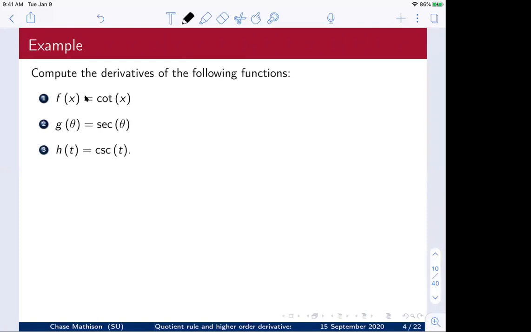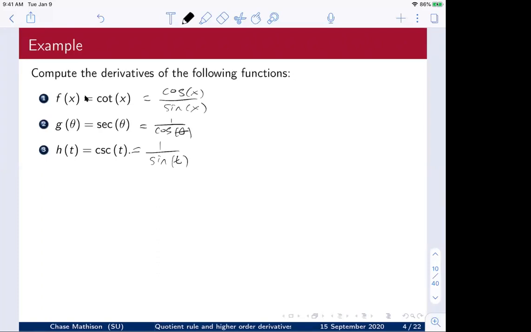Secant of theta is defined as 1 over cosine of theta, and cosecant of t is 1 over the sine of t. So we're going to compute the derivatives of these functions with respect to the independent variable.